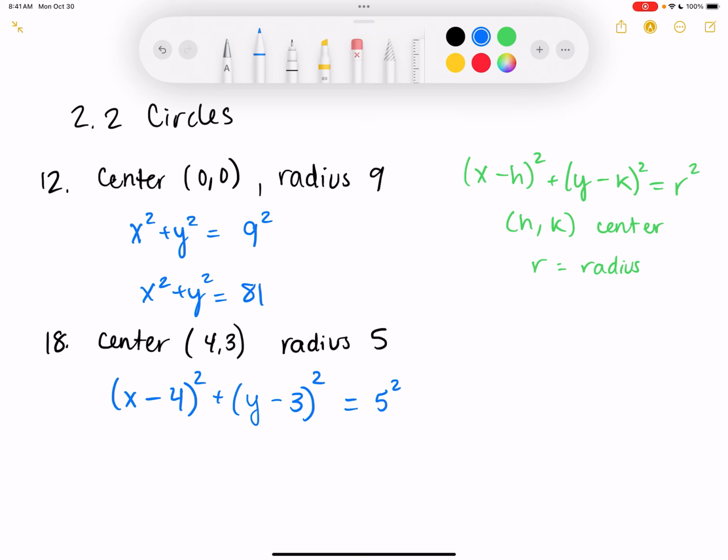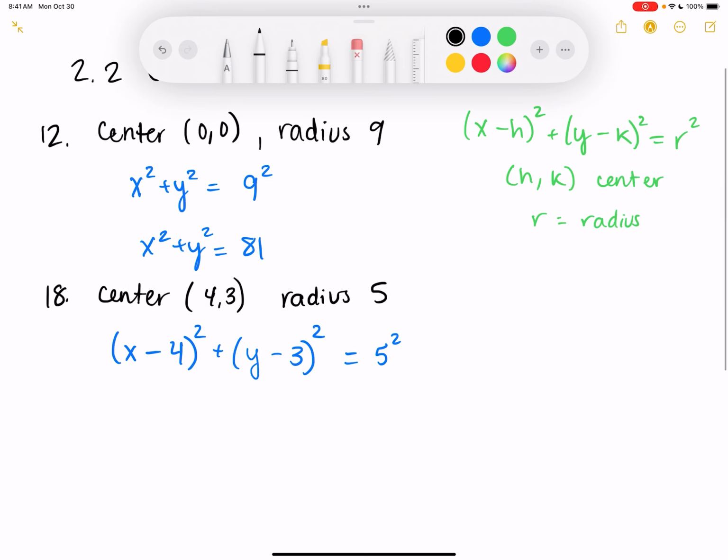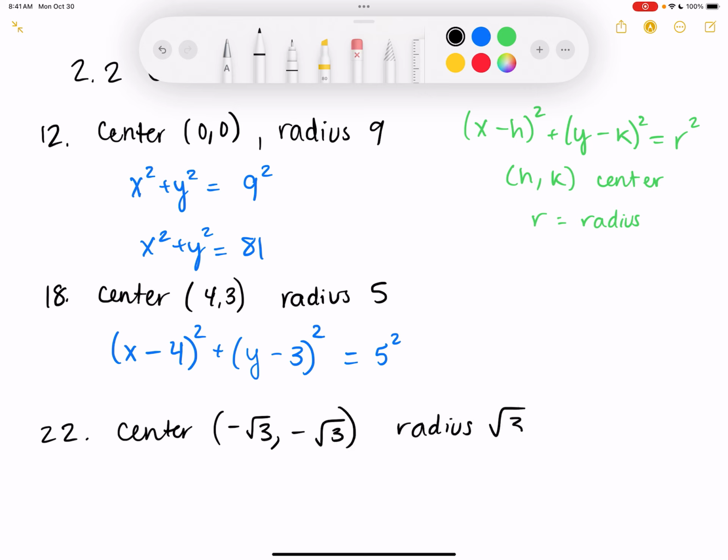So if we have something like 22, where we have a center at negative square root of 3, negative square root of 3, and we're told that the radius is the square root of 3.